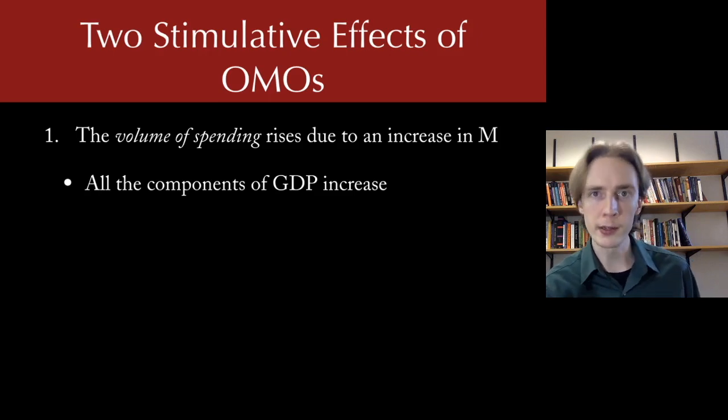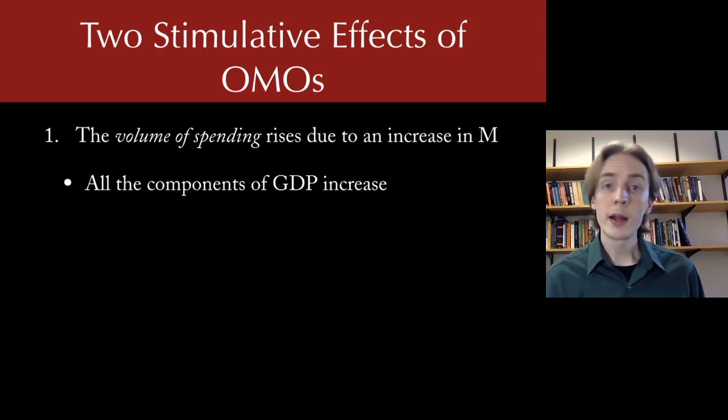That's going to increase your consumption, your investment, possibly your government spending, and your net exports. Right? So that's your direct effect, your direct stimulative effect of open market operations, at least expansionary ones. Same is true in reverse for contractionary ones. Right? It's going to hit the volume of spending, which is going to hit all the components of GDP.